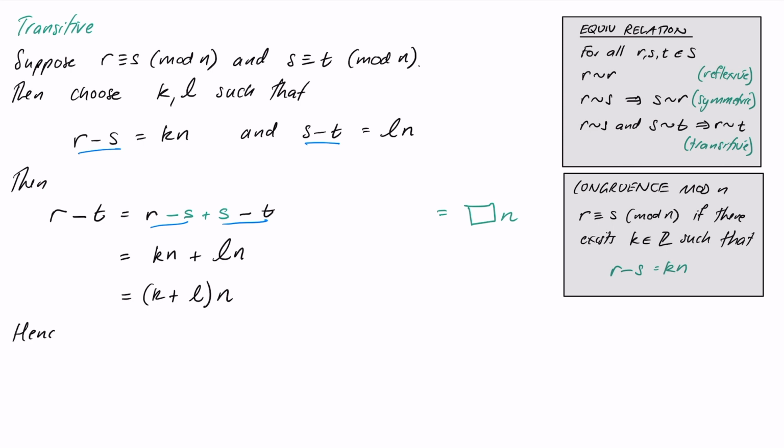And from that we can conclude that R is congruent to T mod N. And between the transitive property and the two we've already done, the reflexive and the symmetric properties, we can say therefore congruence mod N is an equivalence relation.